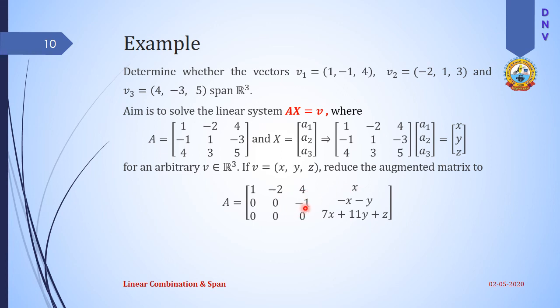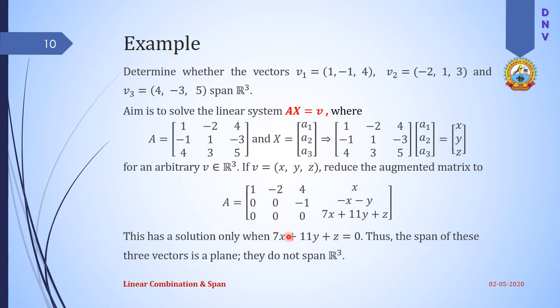This is minus a3 equal to minus x minus y, but there is no unknown to be equated to 7x plus 11y plus z. This shows that this system of equations will be consistent only if this term is absent. So we can write that this has a solution only when 7x plus 11y plus z is equal to 0.